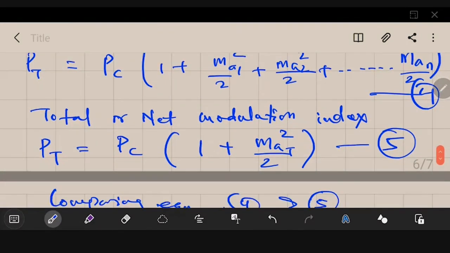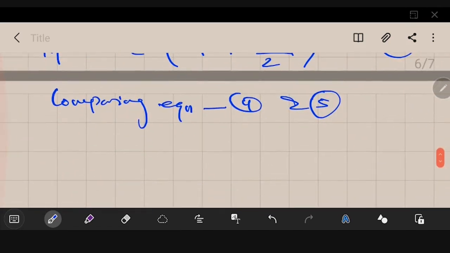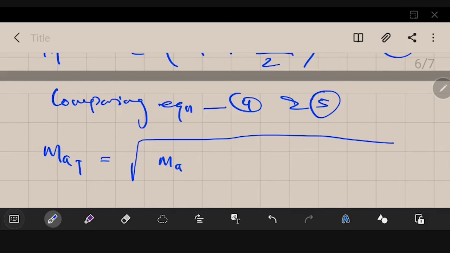And then on the bottom you could see PT is equal to PC into 1 plus MAt square, the total or net modulation index square by 2. So it should normally be in this form. So if we compare these two expressions, we will come up to this, that MAt is equal to root over of MA1 square plus MA2 square plus dot dot dot dot MAn square.